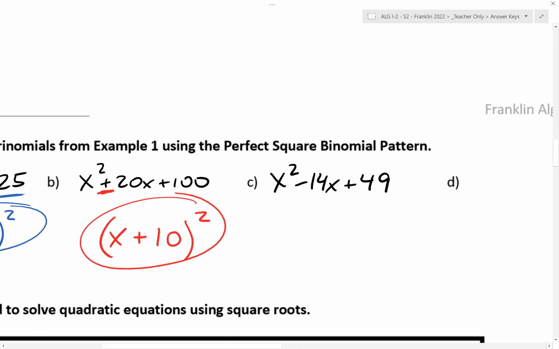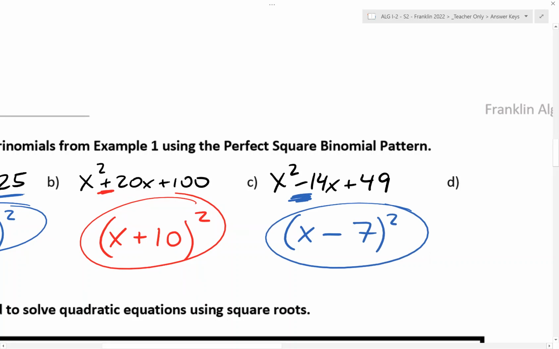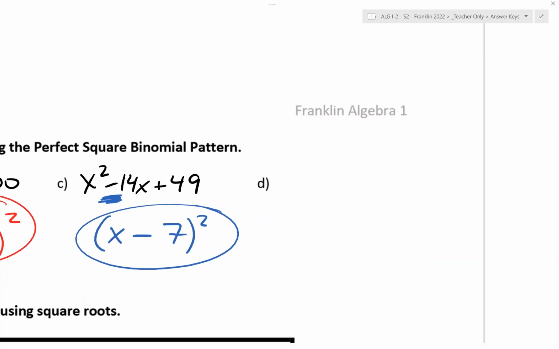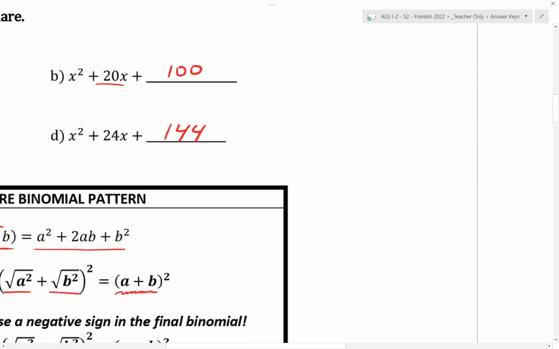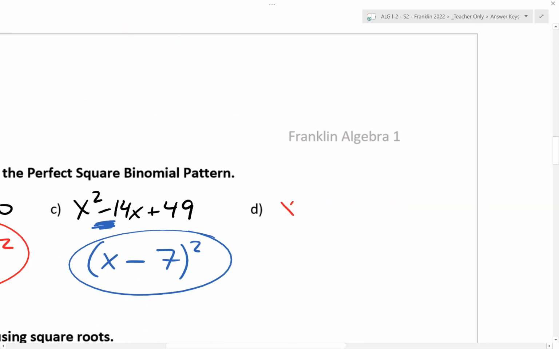Our factored form here is x. We have a negative sign, so minus the square root of 49 is 7, squared. And for the last one here, x squared plus 24x plus 144.